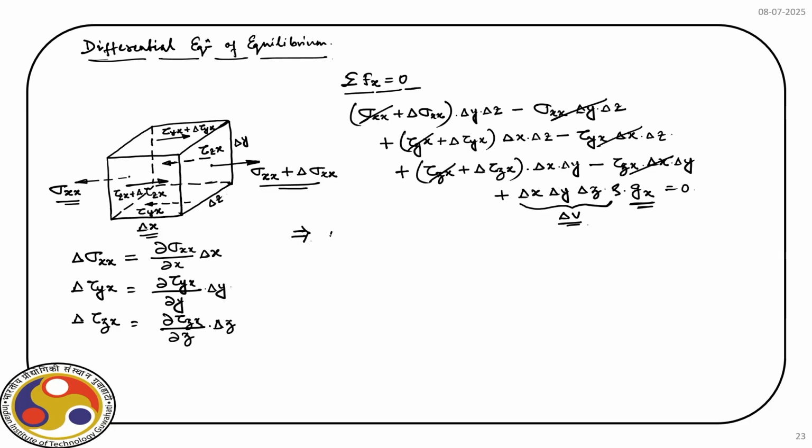Okay. So, we have delta sigma xx times delta y delta z plus delta tau yx times delta x delta z plus delta tau zx times delta x times delta y, which is equal to 0.